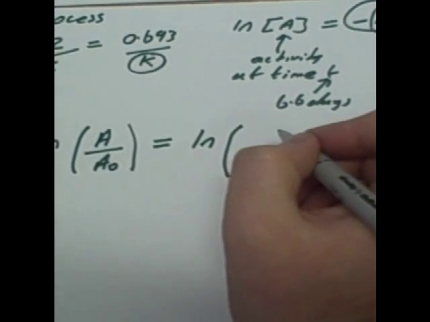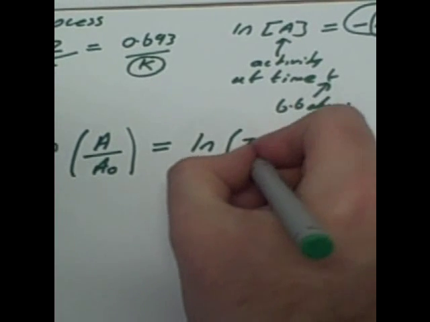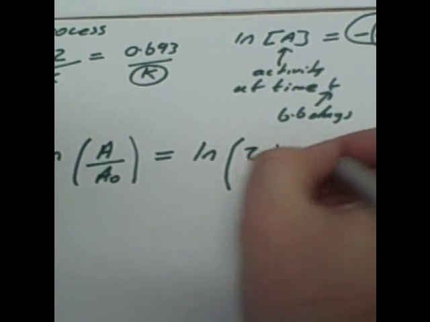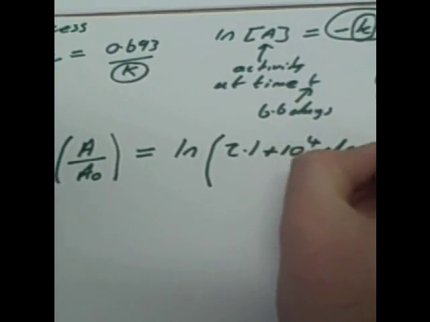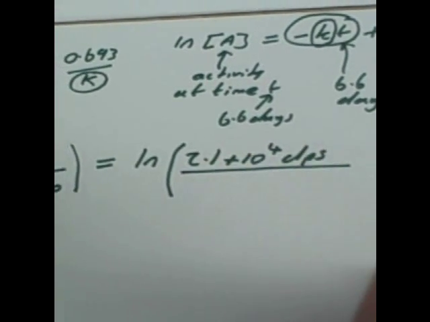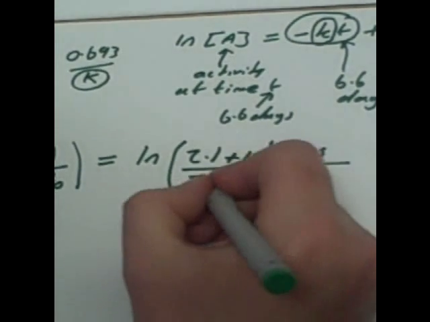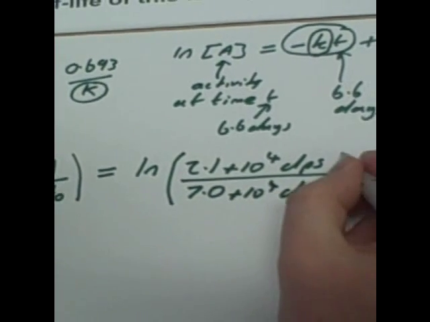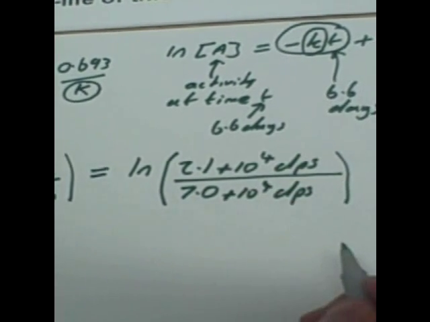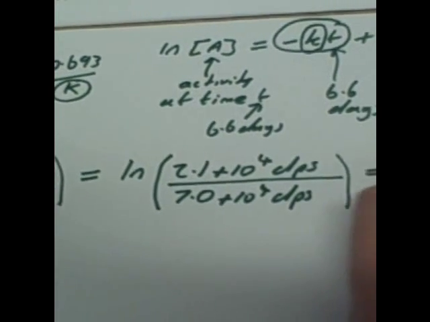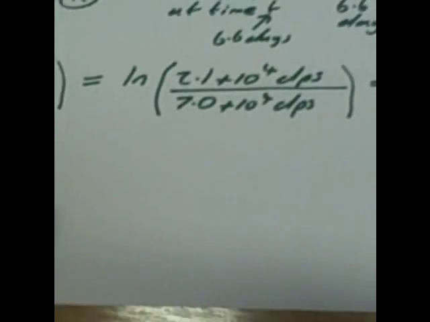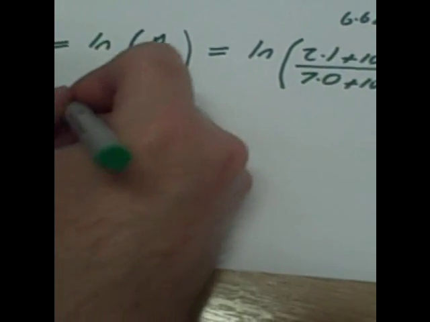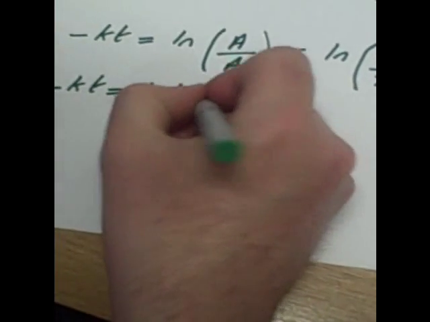Our activity at time t is 2.1 times 10 to the 4 disintegrations per second. Our activity at the start, well, the question tells us is 7.0 times 10 to the 4 disintegrations per second. If I divide these two numbers, it's going to be a ratio, I'm going to get a value of 0.3. So if we just tidy this up a little bit, minus kt equals the natural log of 0.3.